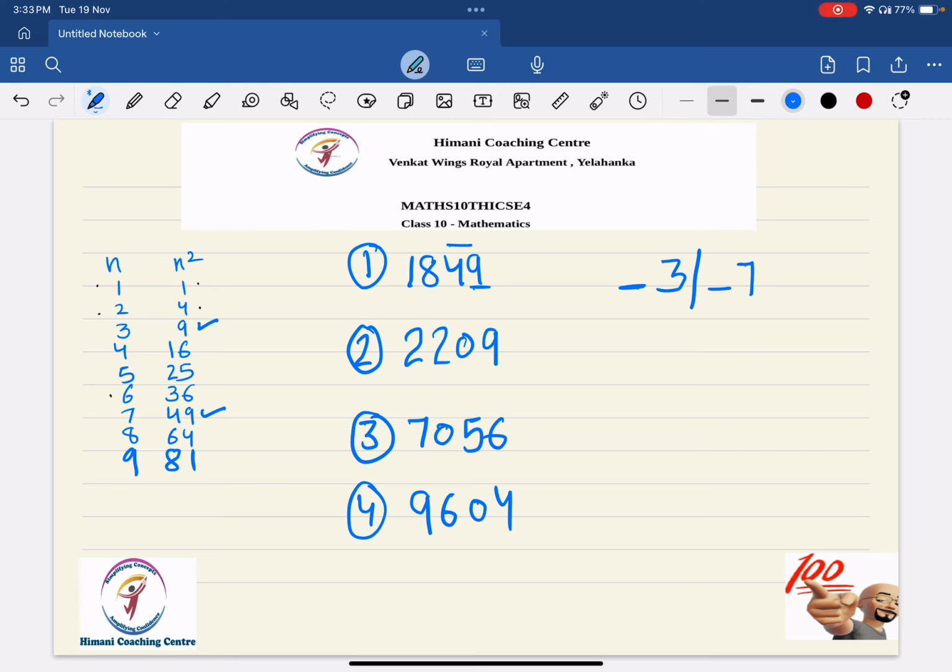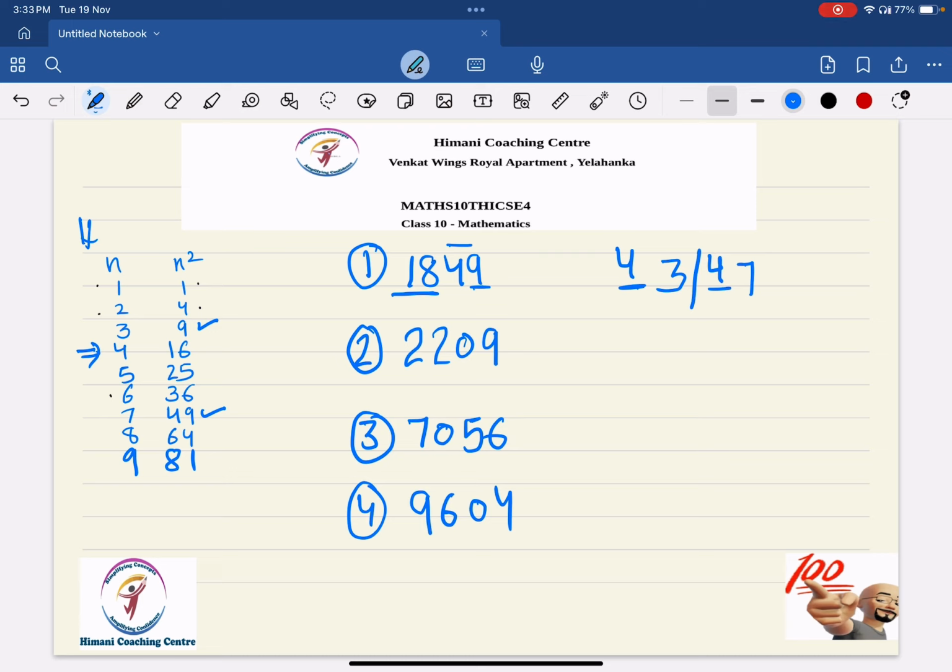Now, which one is the answer? Let us look at the number 18 and again go back to the table. Find the number whose square is just less than 18. You will find 4 times 4 is 16 and 5 times 5 is 25. So we go back to 4 and we say the square root of 1849 is either 43 or 47.